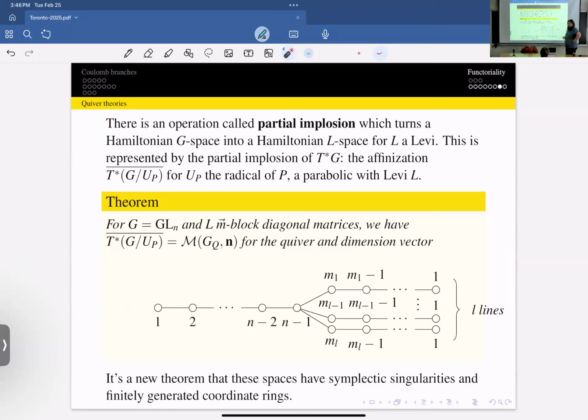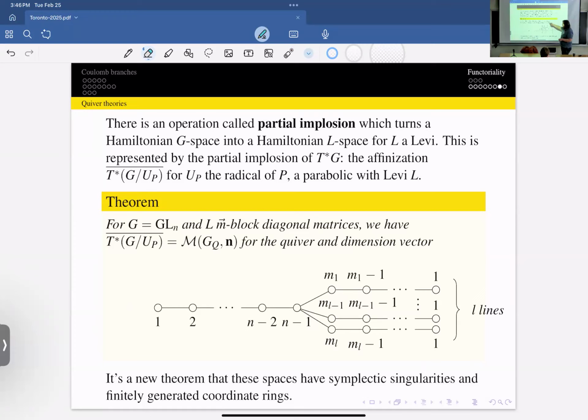So that's not an affine variety, but it's an open subset of an affine variety. It's quasi-affine. So you can take its affine closure, and it's very interesting to try to understand that guy.